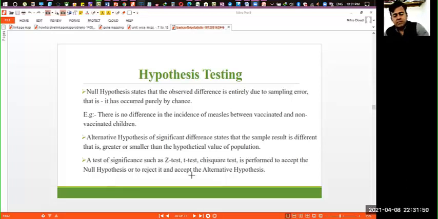So a test of significance can give you a better idea of this hypothesis testing. The tools of hypothesis testing are the Z-test, t-test, and chi-square test. These are the most commonly applied testing tools to decide which hypothesis is correct: the null hypothesis or the alternative hypothesis.